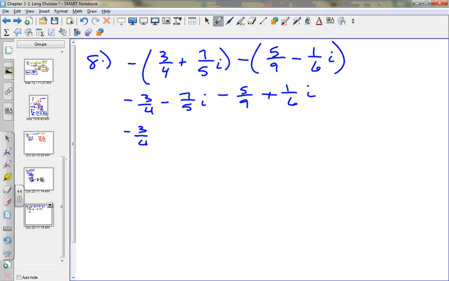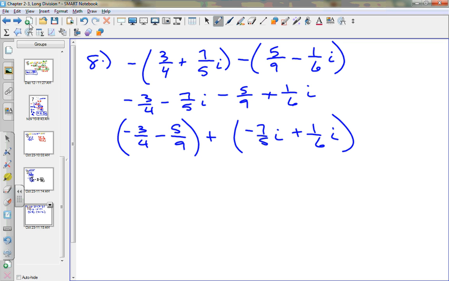Negative 3/4 minus 5/9 are like terms. And negative 7/5 i plus 1/6 i are like terms. So what's my common denominator between 4 and 9? 36. So 4 times what gives you 36? That's a 9. So 9 times 3 is negative 27. 4 times 9 is 36. So 5 times 4 is 20.